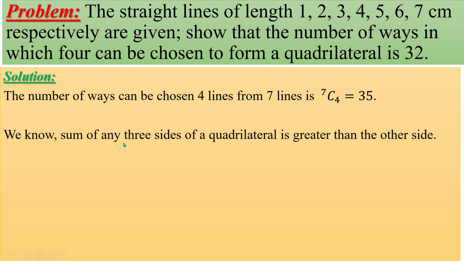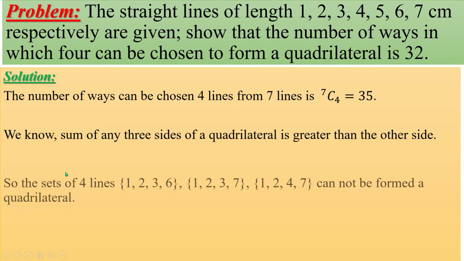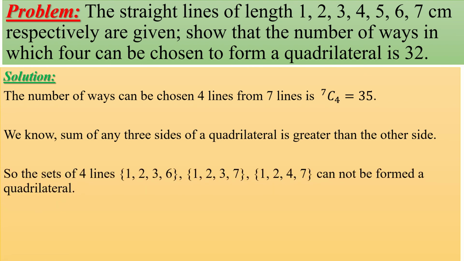But we know the sum of any 3 sides of a quadrilateral is greater than the other side. As a result, the sets of 4 lines 1, 2, 3, 6 and 1, 2, 3, 7 and 1, 2, 4, 7 cannot form a quadrilateral.